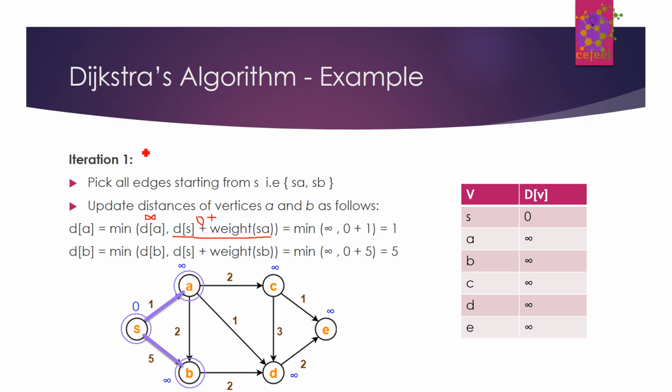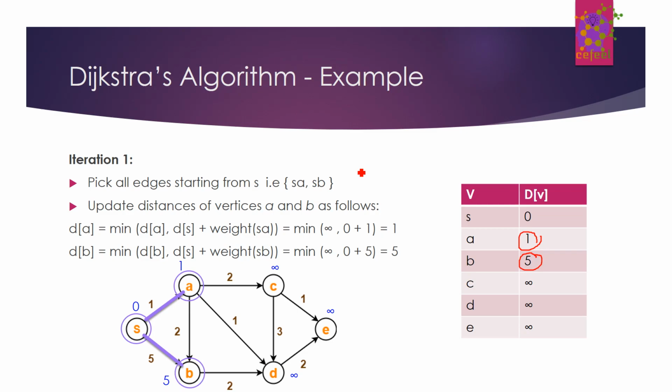So which means our new distance is now 1. Similarly, computing distance of B is just 5, and then we just go ahead and update the distance vectors of A and B in our distance vector. So this was iteration 1.